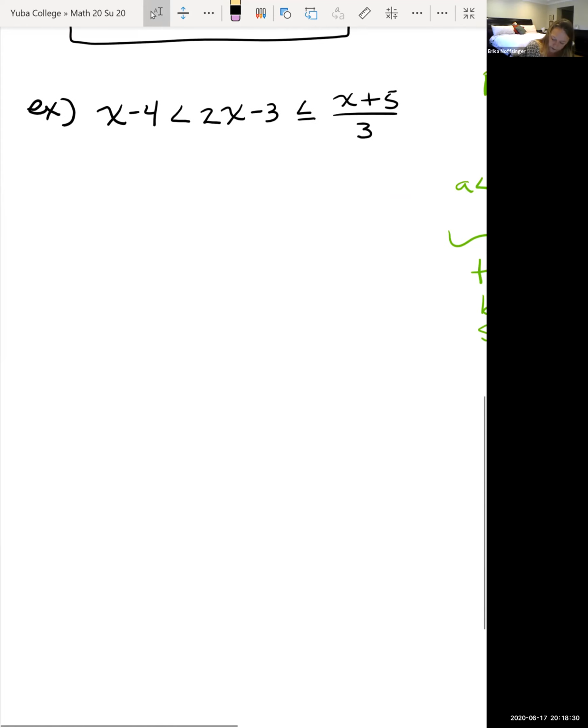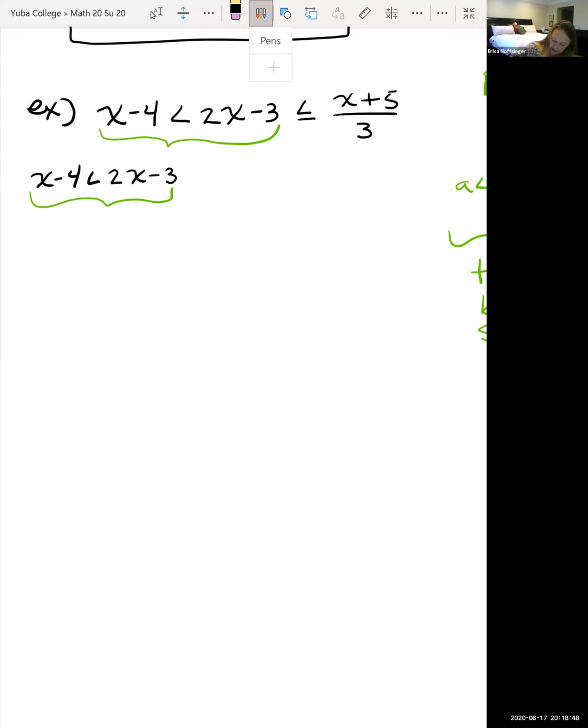Okay, so rewriting this, I have one inequality, which is x minus 4 is less than 2x minus 3. And then I have the inequality that 2x minus 3 has to be less than or equal to x plus 5 all over 3.